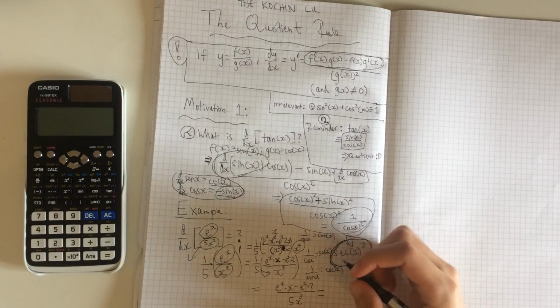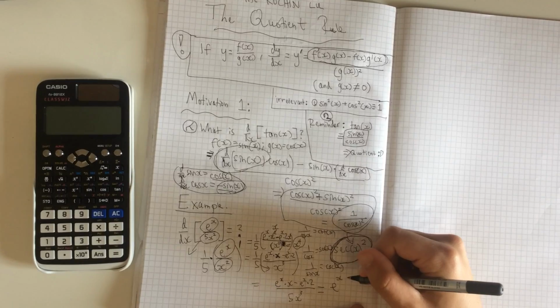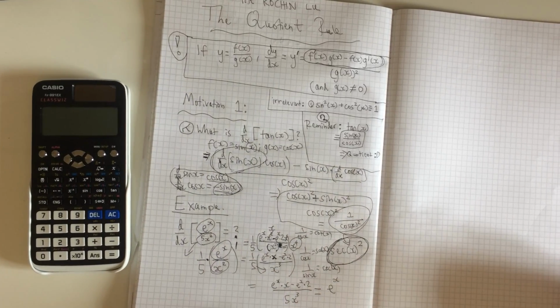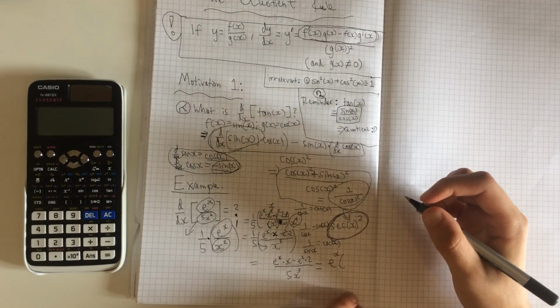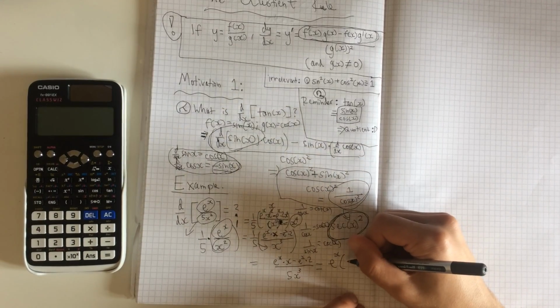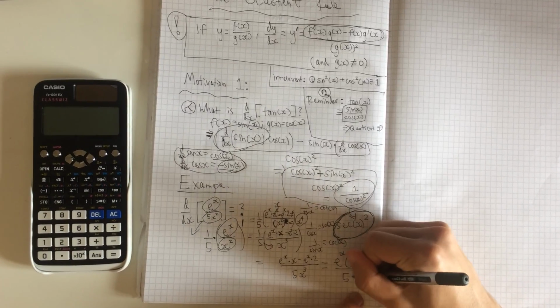Now we can just quickly factorize this, and we end up having e to the x and x minus 2, and we are done.